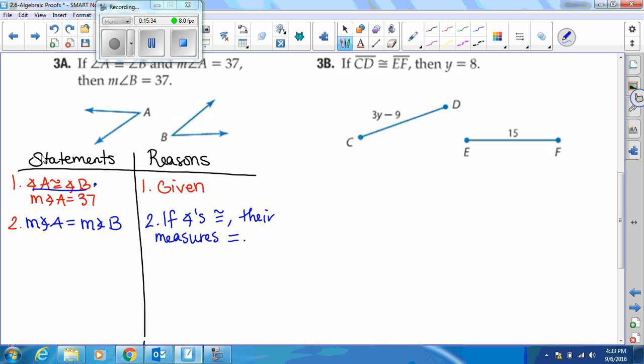And then, instead of writing measure of angle A, you can plug in 37 there. And that would be substitution.